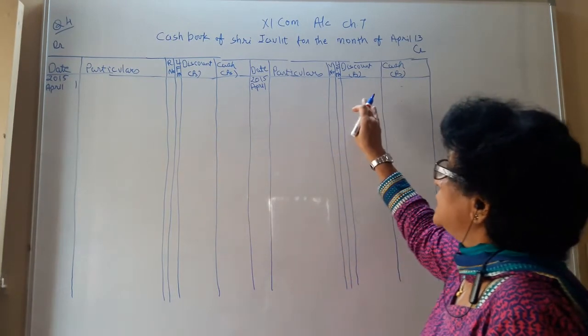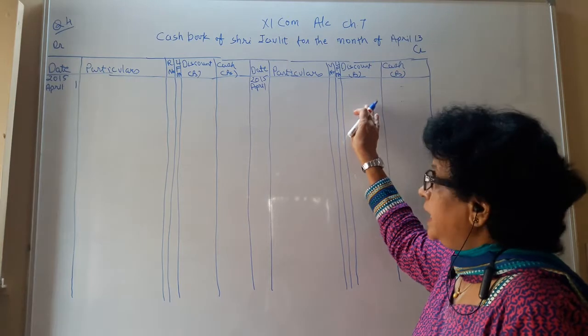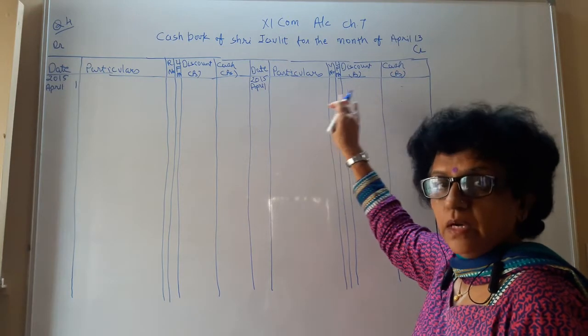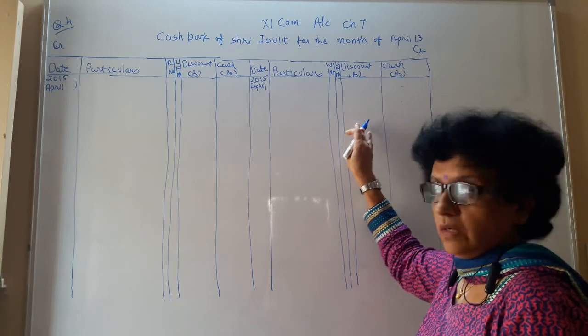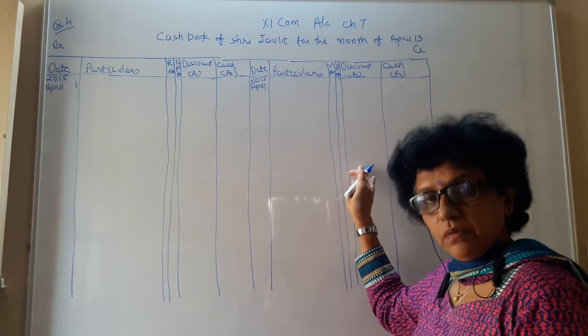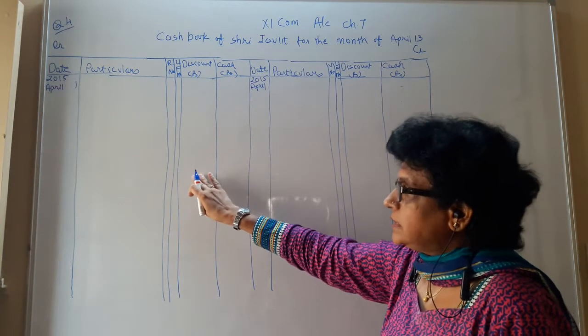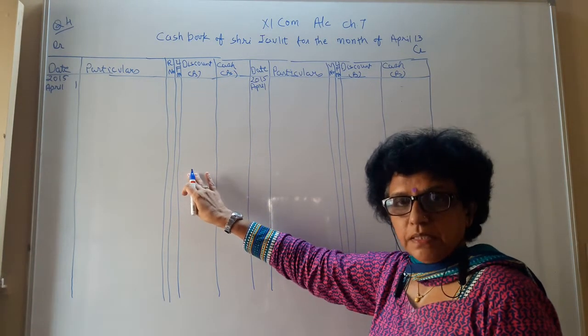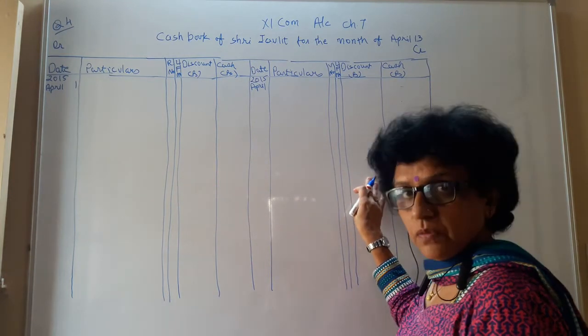Like that, the discount column on the credit side of the cash book is what you have received at the time of purchase. So this discount column is considered as discount received. It is an income for you, because both discounts are different. On the debit side it's discount allowed, on the credit side it's discount received.